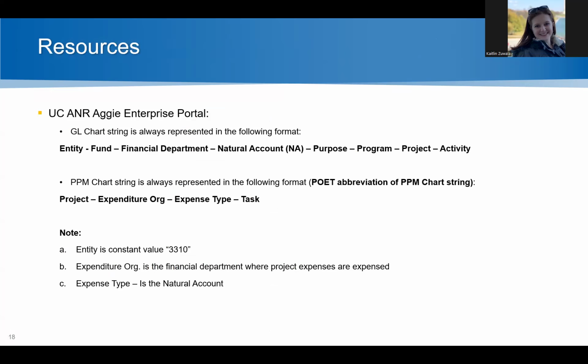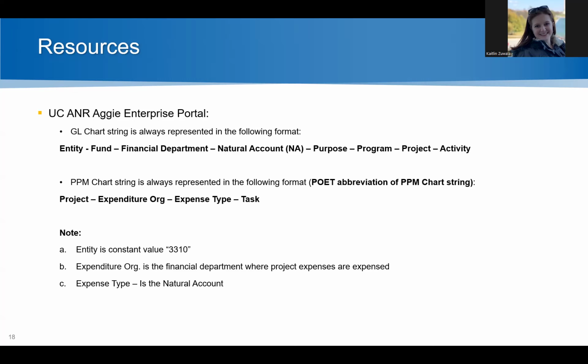So UCANR Aggie Enterprise Portal, the GL's chart string is always represented in the following format, which we went over earlier: the entity, the fund, the financial department, the natural account, purpose, program, project, and activity. The PPM chart string is always represented in the following format, which is also called the POET abbreviation of the PPM chart string.